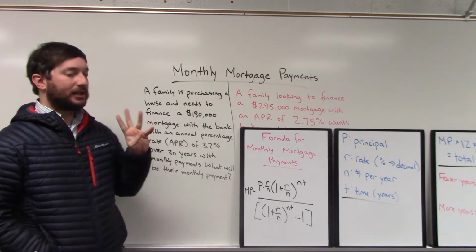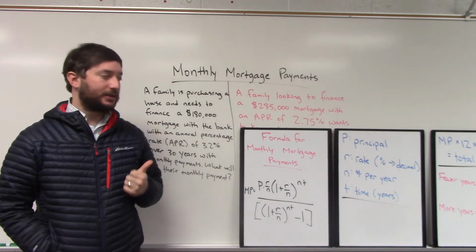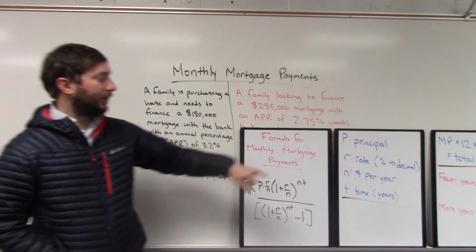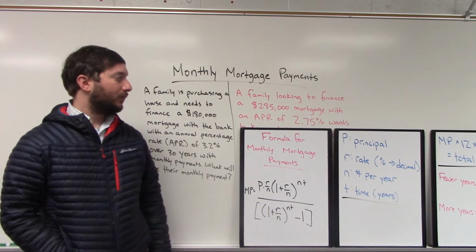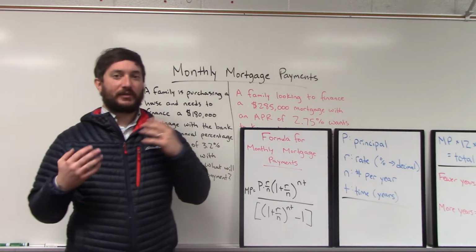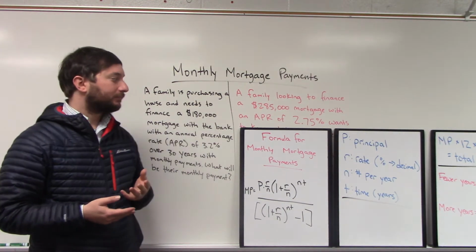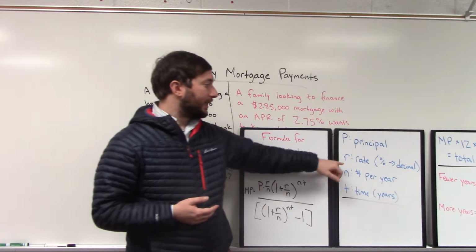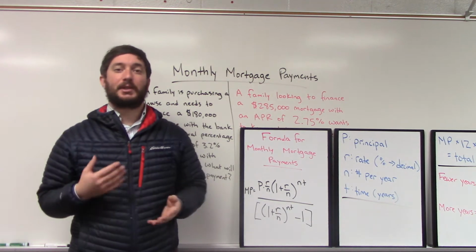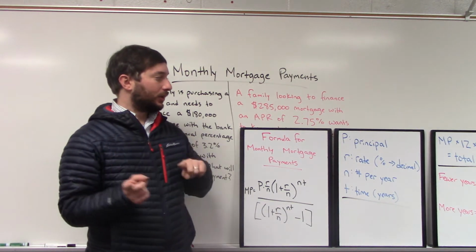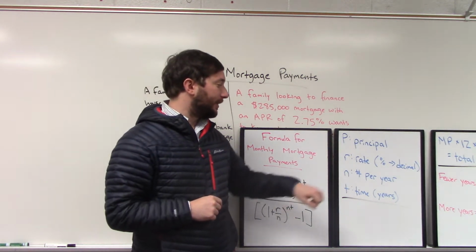So you basically have four variables here that you're going to need to know. You have your principal, or the initial purchase price of whatever the house will be, and then of course you will have to pay interest on that over time. So you have a rate. You're going to change percentage to decimal, very much in the same way that we did that for interest formulas earlier in the previous unit.